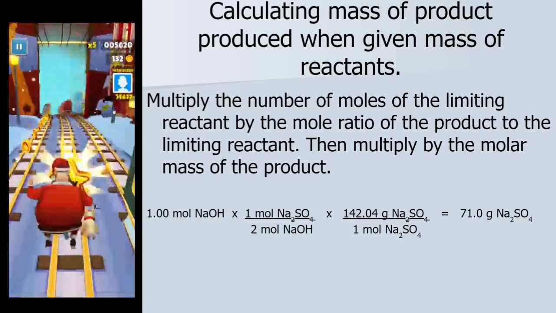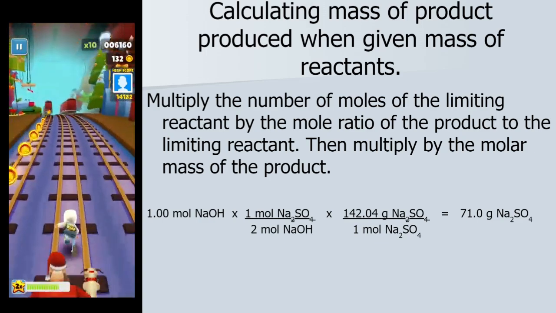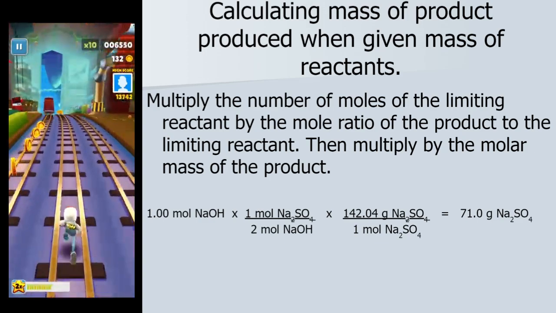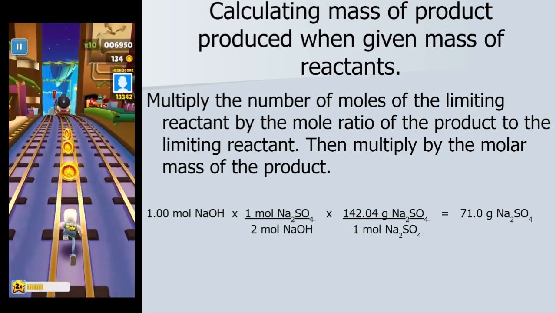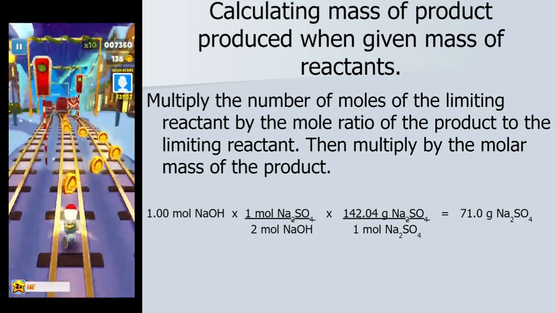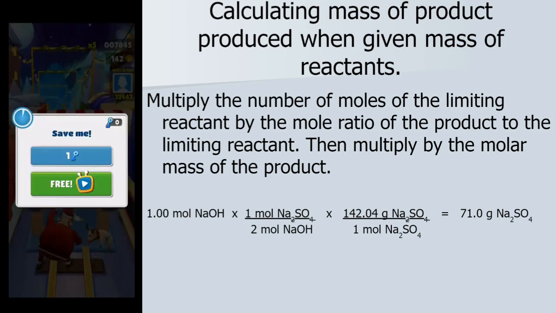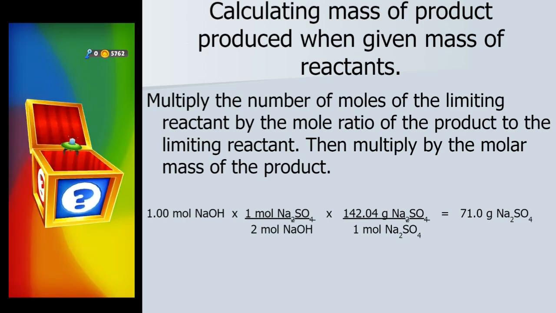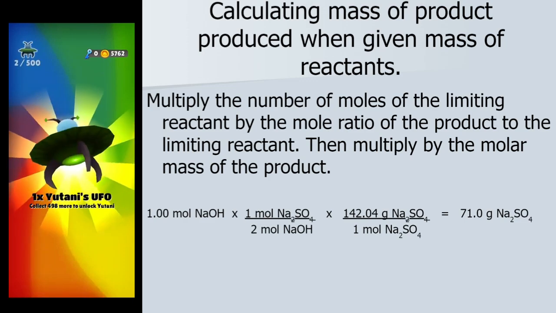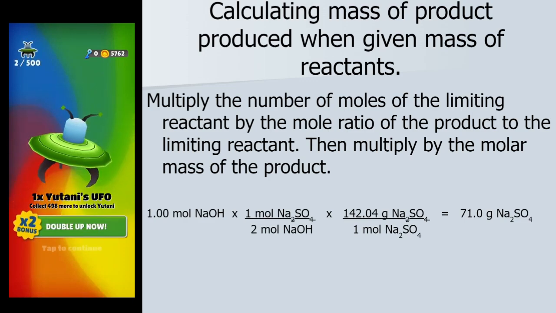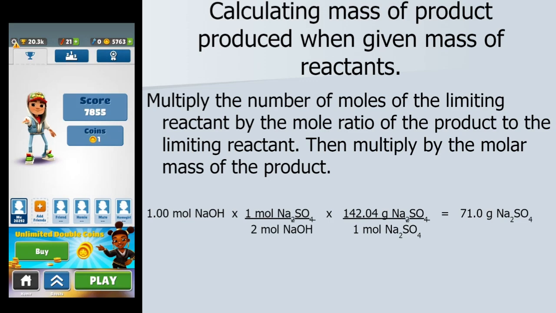So we'll use the mole ratio for Na2SO4 and NaOH to get the moles of Na2SO4, and then we'll multiply by its molar mass to get the mass of our product, which is 71.0 grams of Na2SO4.